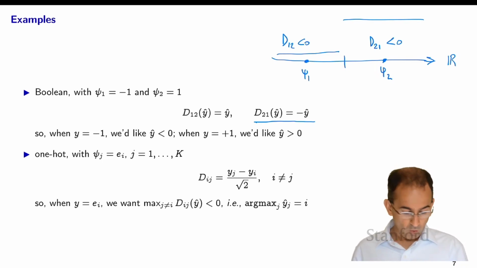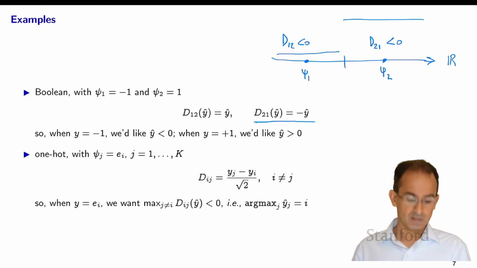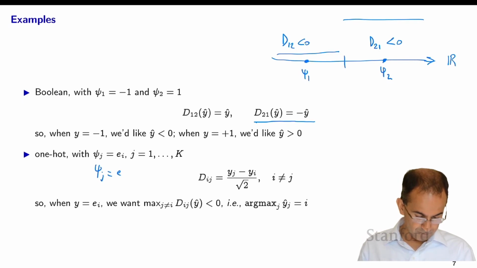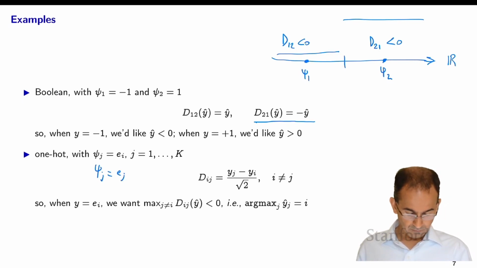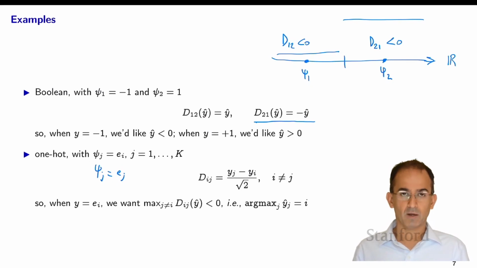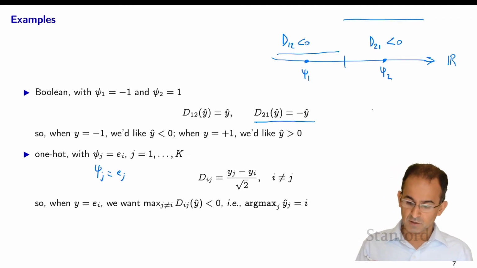If we look at the one hot case, that's where psi j, this should say ej, let me just correct that, psi j is ej. If we compute what dij is, let's just look at it.